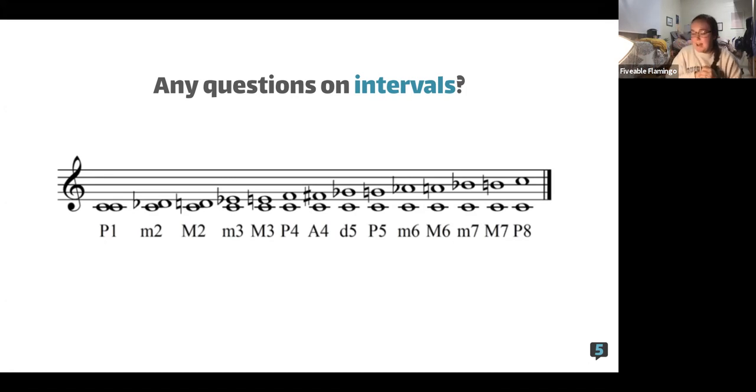Number 3 was a minor 7th. So that's going from a C to a B flat. So there's a lot of distance there between those two. And number 4 was a minor 2nd.